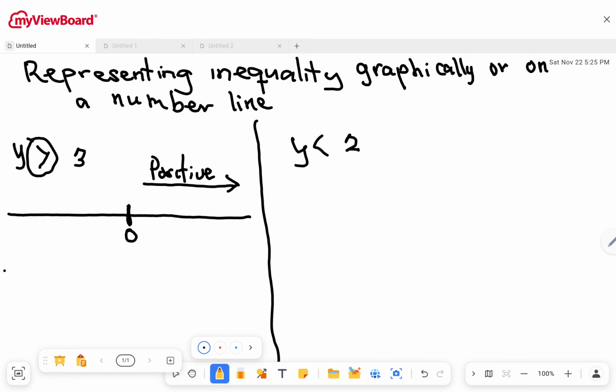And all negative numbers are on this way. So since you know that all negative numbers are on your left side and all positive numbers are on your right hand side, we can now put the 3 anywhere on the right hand side.